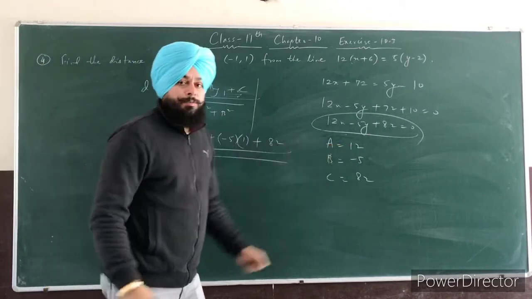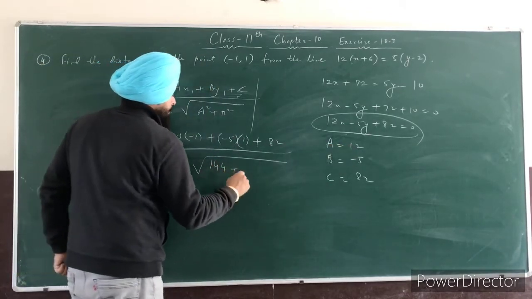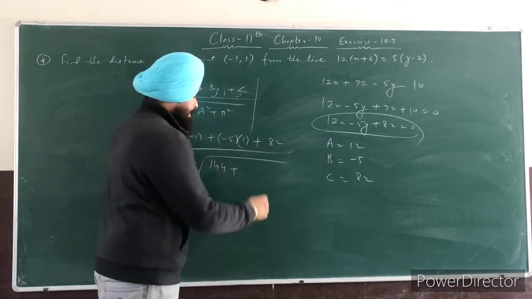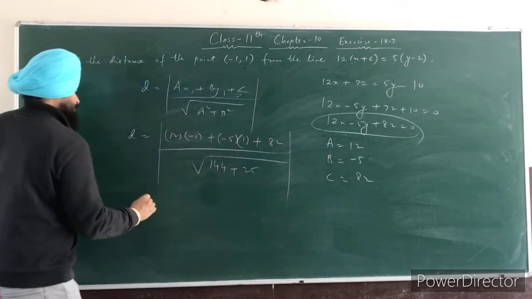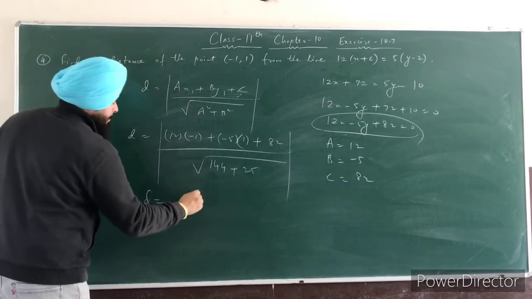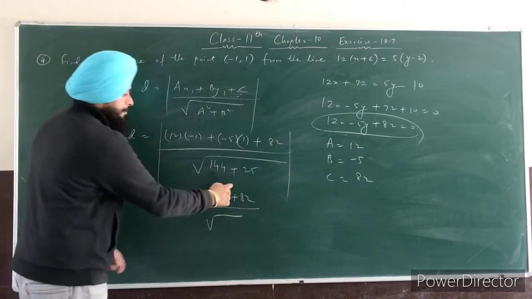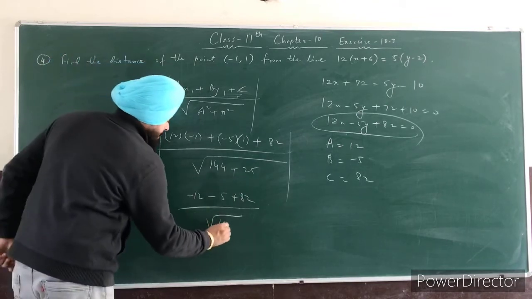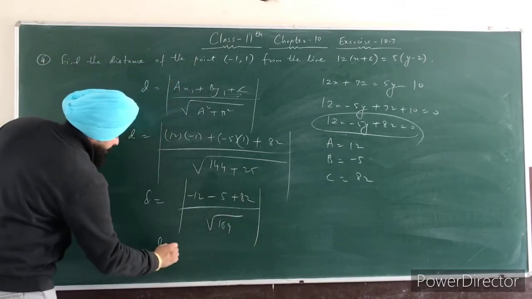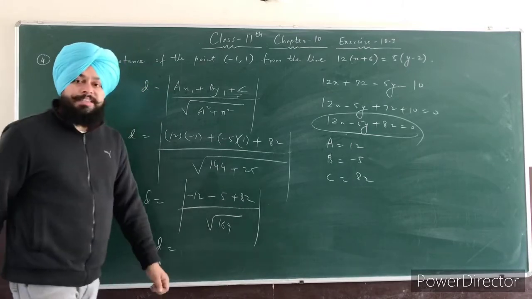So 12 squared is how much? 144, plus (-5) squared is 25. Now 12 into -1 is -12, minus 5, plus 82. 144 plus 25 is 169. Now -12 minus 5 is -17.